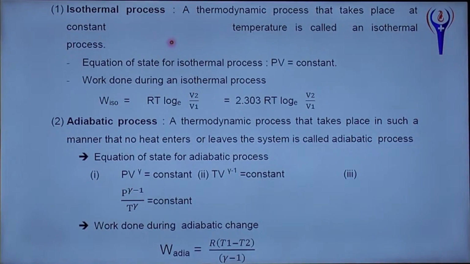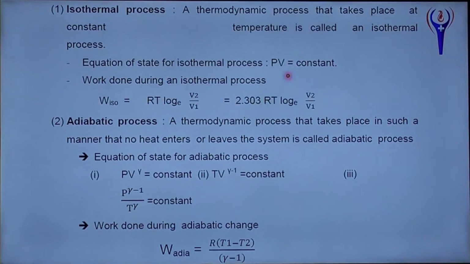Isothermal process. An isothermal process is a thermodynamic process that takes place at constant temperature. We said the equation of state gives a relation between P, V, T and so on. So the equation of state for an isothermal process is PV equals constant.